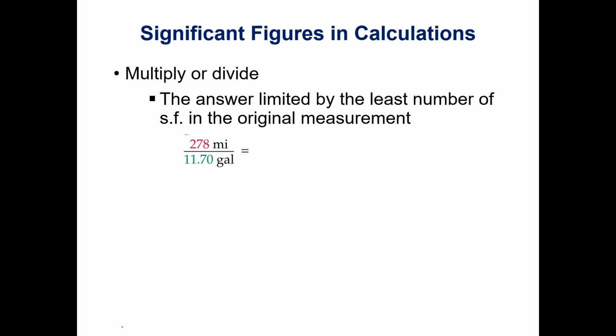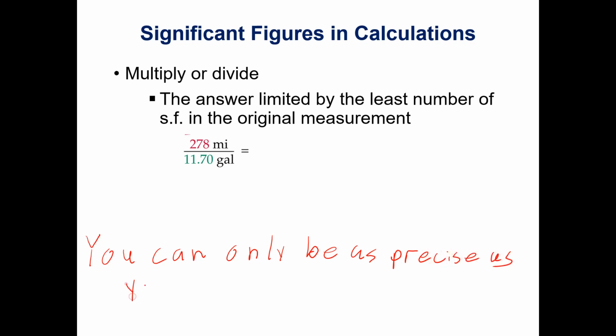So when you're doing multiplication or division, the answer is limited by the least number of significant figures. So the rule is that you can only be as precise as your least precise measurement.